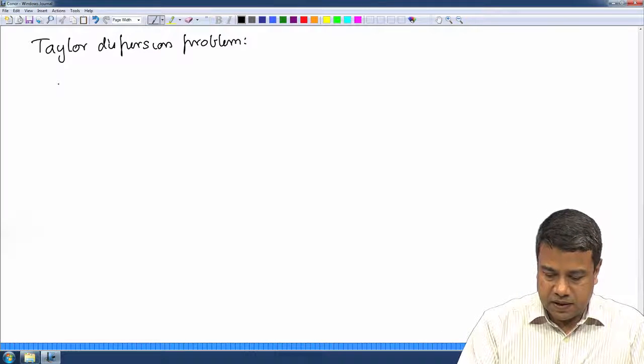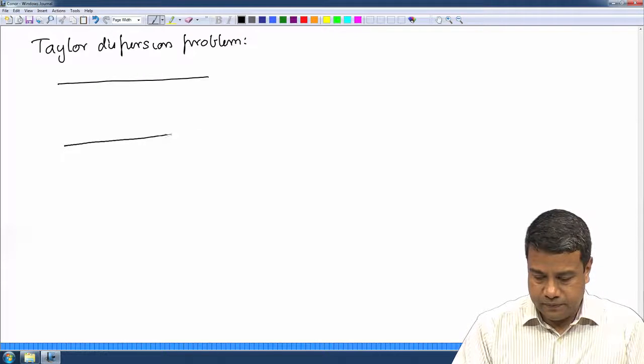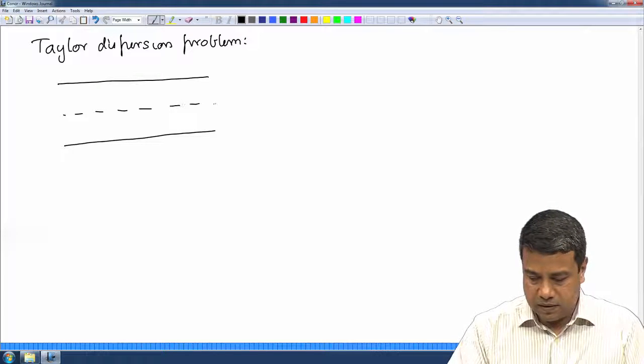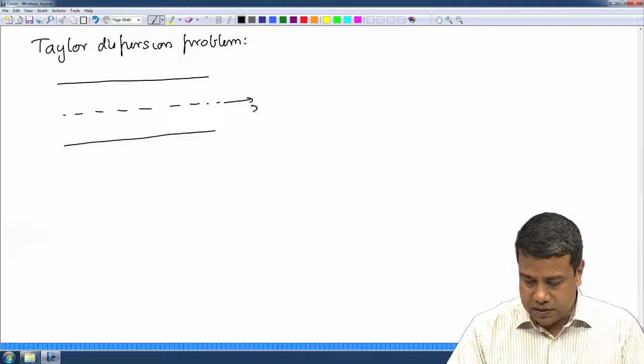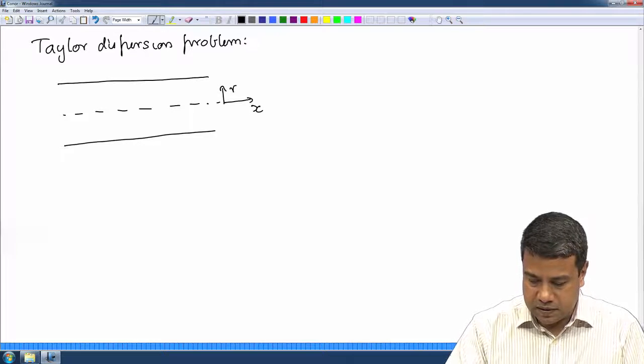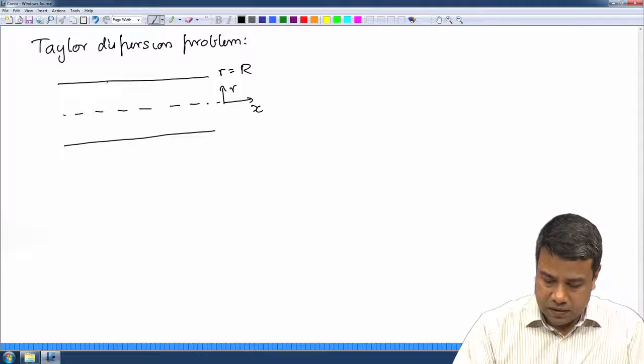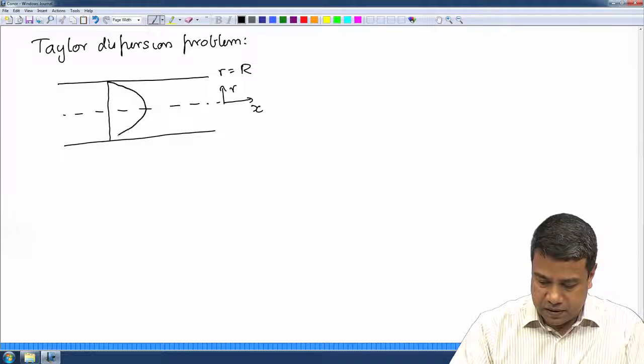So, if for example, I had a pipe flow, this is the x direction, this is the radial direction. The pipe wall is at r is equal to capital R, and I will assume that we have a laminar flow in the pipe, a parabolic velocity profile.